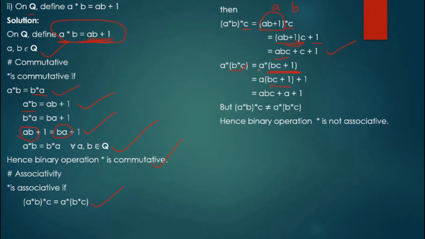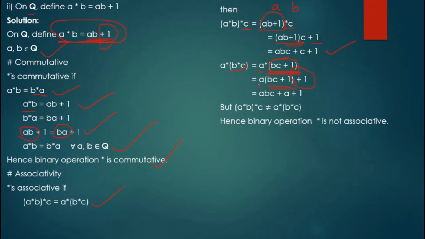Okay, now this is your A and this is your B. So we know AB plus 1. So I have written A. What is B? BC plus 1. And what is remaining now? Plus 1. So I have written here this plus 1.